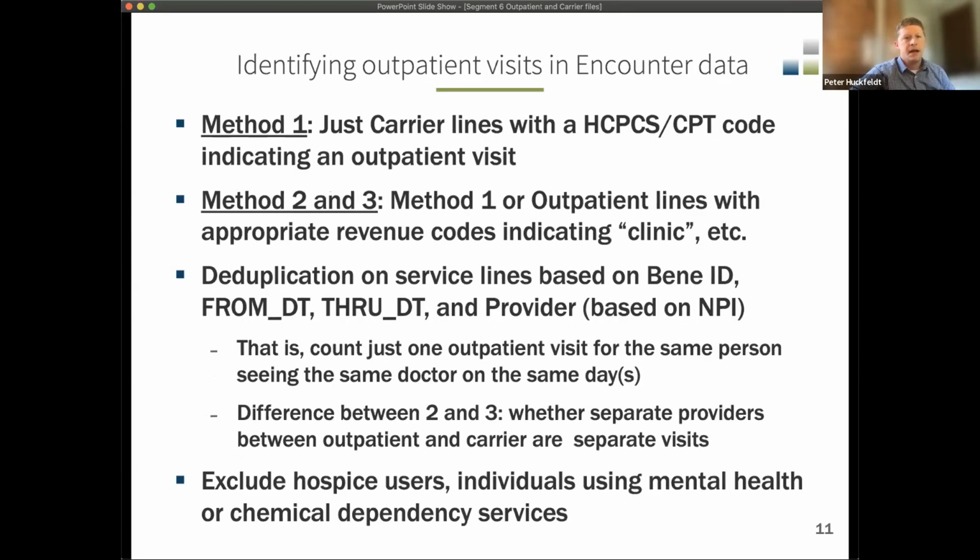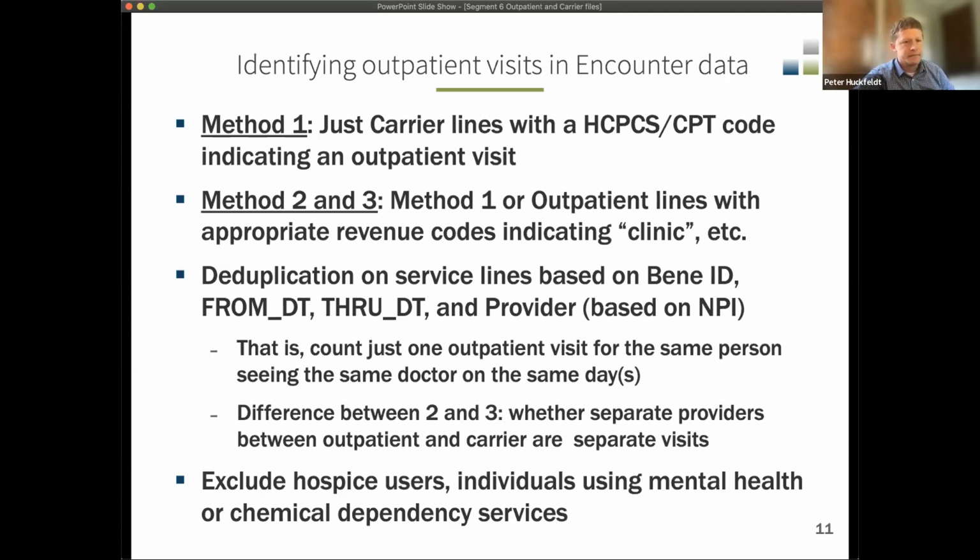Okay, so I'm going to just discuss how we identified outpatient visits and ED visits in the encounter data to replicate the HEDIS specifications. So, for outpatient visits, our first method was to start by just identifying lines in the carrier file that had a HCPCS or CPT code that indicated an outpatient visit.